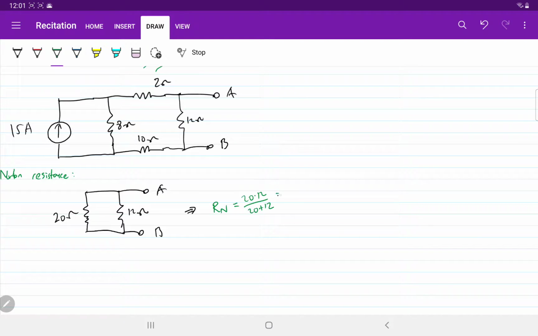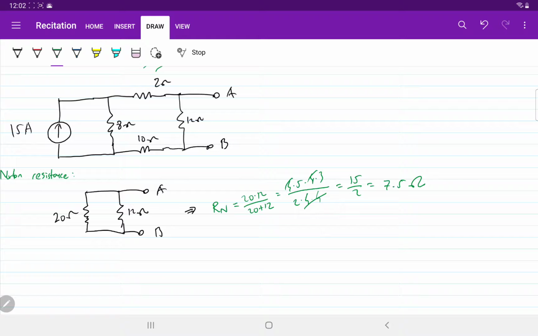So you have 4 times 5 times 4 times 3 over 32. 32 is 2 times 4 times 4, so 8 times 4 is 32. So cancel, this 15 over 2 is 7.5 ohm.